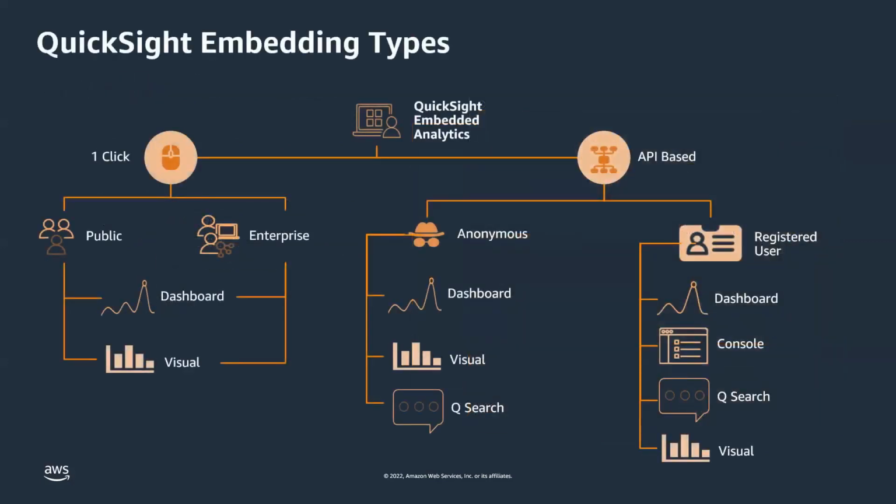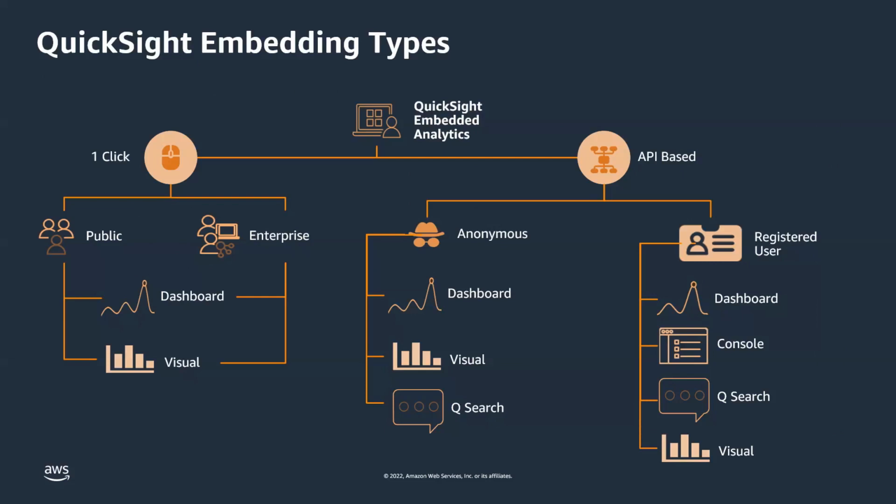Okay. So let's do a recap of the different embedding capabilities within QuickSight, right? So I know we've covered a lot. Let's do a recap of what we have covered till now. So we started with two fundamentally different approaches, the UI-based and the API-based embedding. The UI-based one-click embedding is the low-code, no-code approach.